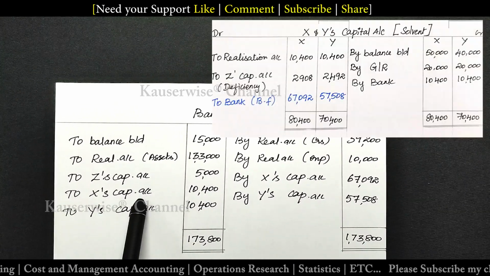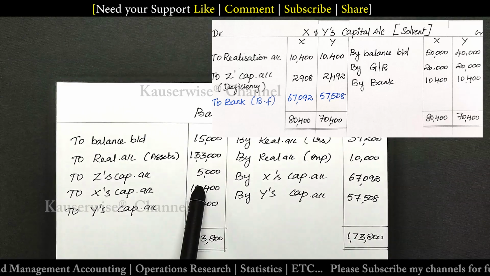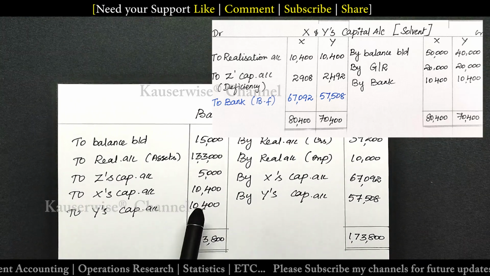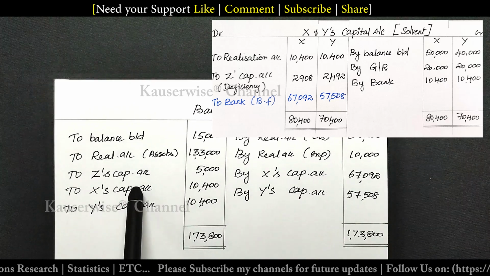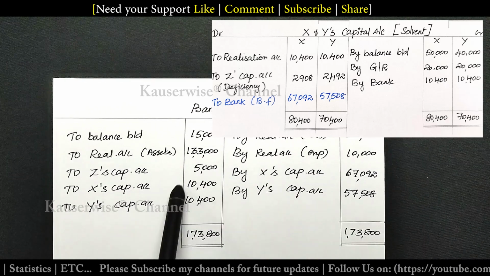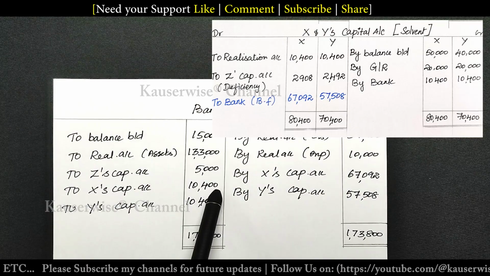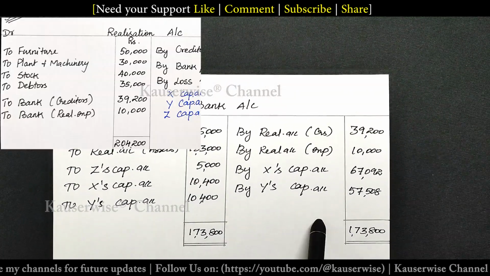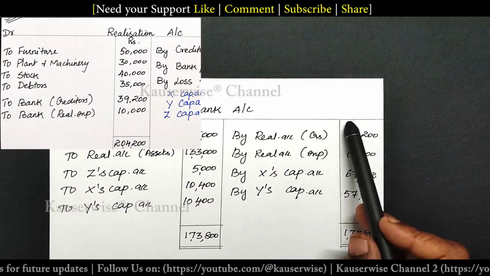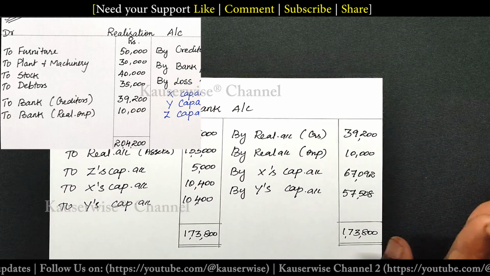And then X capital, Y capital. This is the realization loss, and the equal amount is contributed by the solvent partners. X and Y are solvent, so they have contributed the realization loss, 10,400, 10,400. These are the total receipts. Now see the payments. The first one is third party liability paid after allowing 2% discount.